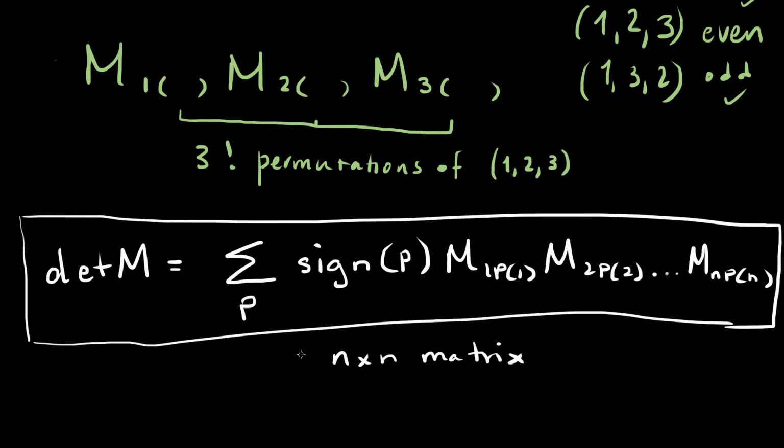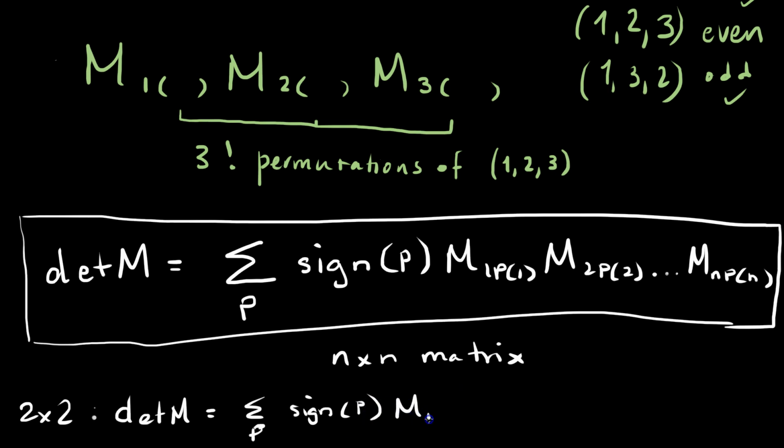Okay, you don't believe me? Okay, I wouldn't believe myself. Let's do it. We'll take the 2 by 2 case. The determinant of M is nothing more than the sum over the permutations, and since it's 2-dimensional, we're just going to have the sign of P, M1 P1, M2 P2.